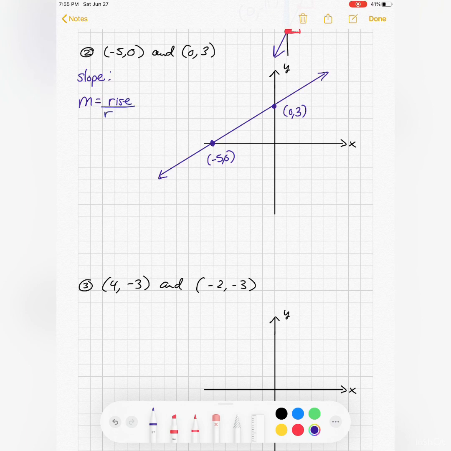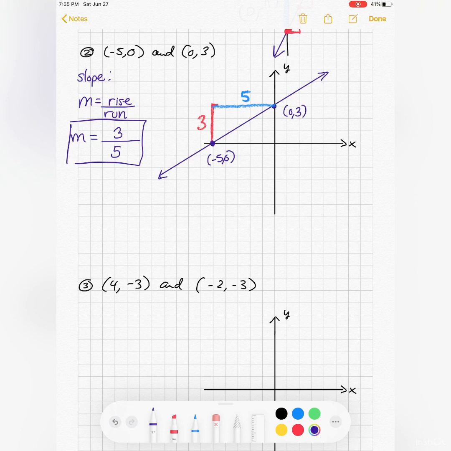Set up the rise over the run. So the rise, the change in y. Okay, so that'd be up 3. The run is the change in x here, 5, positive 5. Okay, so there's my slope.